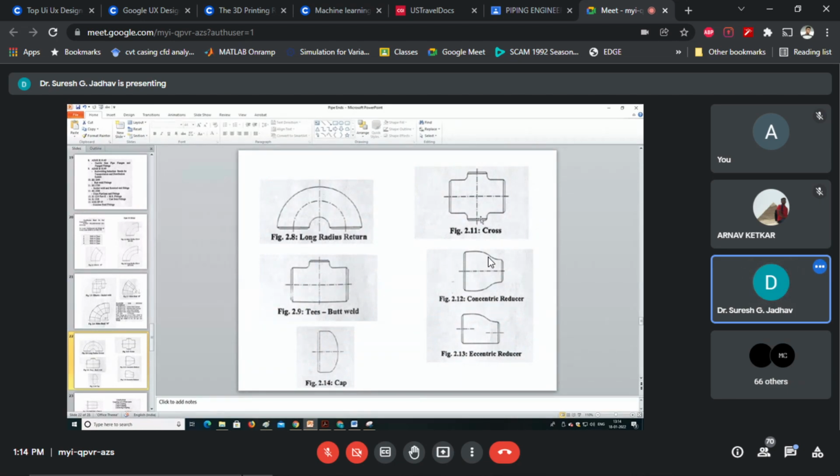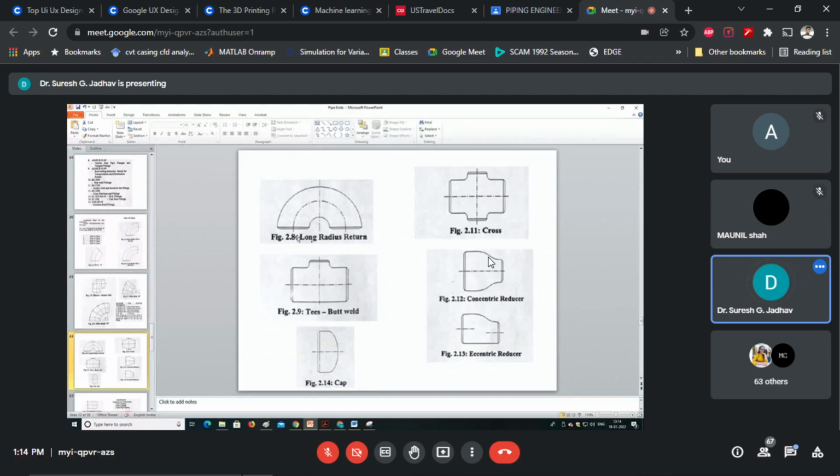And now the next fitting component, that is returns, cross, reducers, long radius returns. Returns change the direction through 180 degrees. See here, 180 degree.